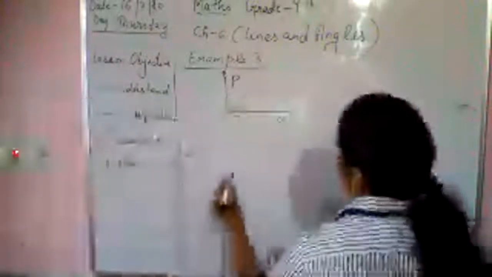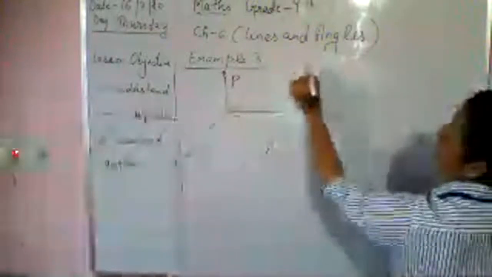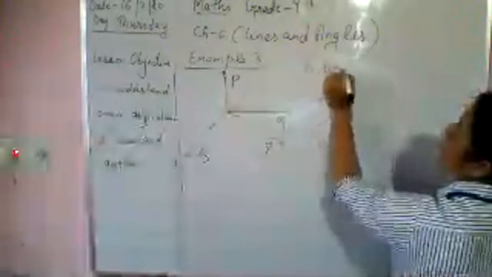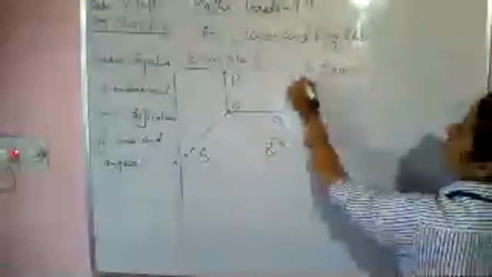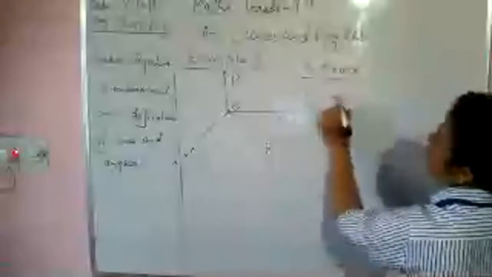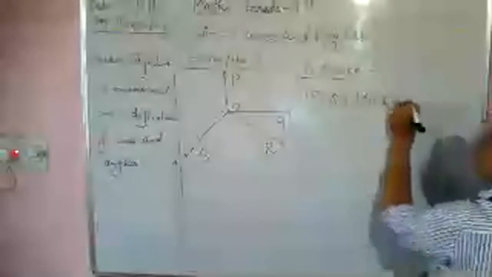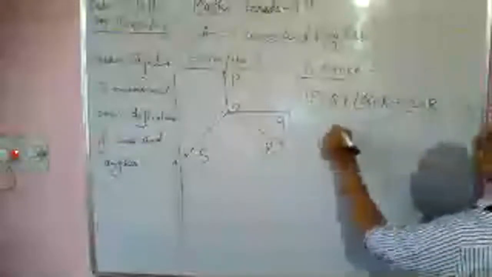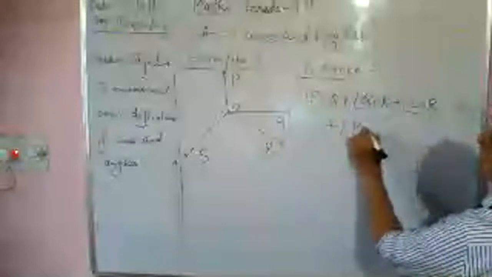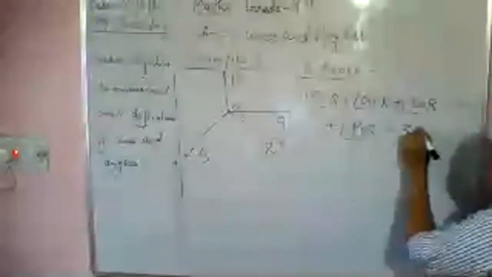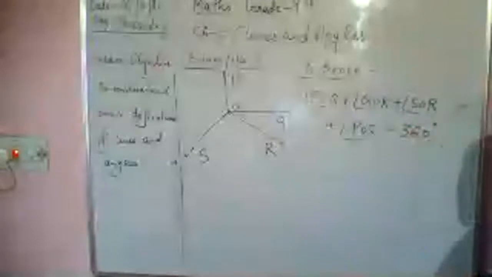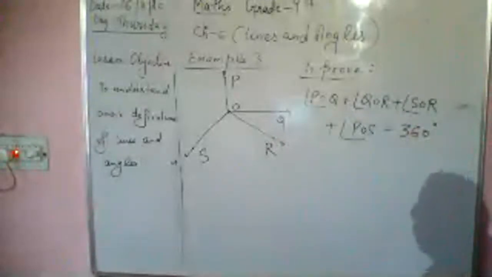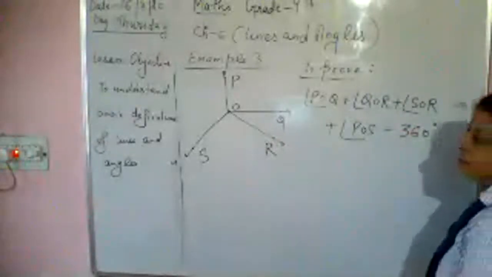What you have to prove first, you will write. You have to prove angle POQ plus angle QOR plus angle SOR plus angle POS is equal to 360. This you have to prove, and for that we need a construction.